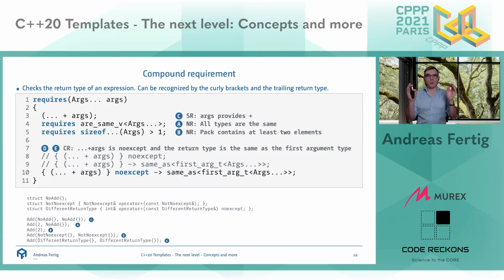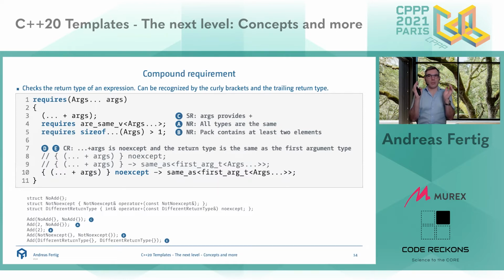So a compound requirement always starts with the curly braces, with a scope or with a compound statement. And in that, we once again see the repetition of my fold expression. I don't like that, but it's due to the small example. And after the compound statement, we can see the keyword noexcept.